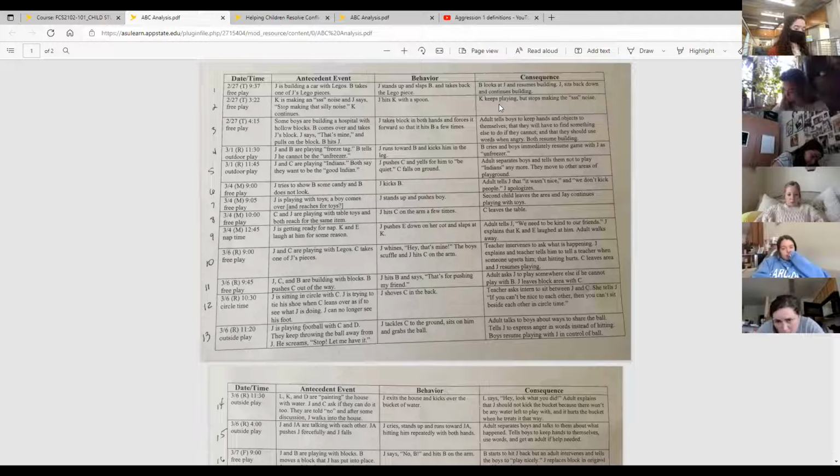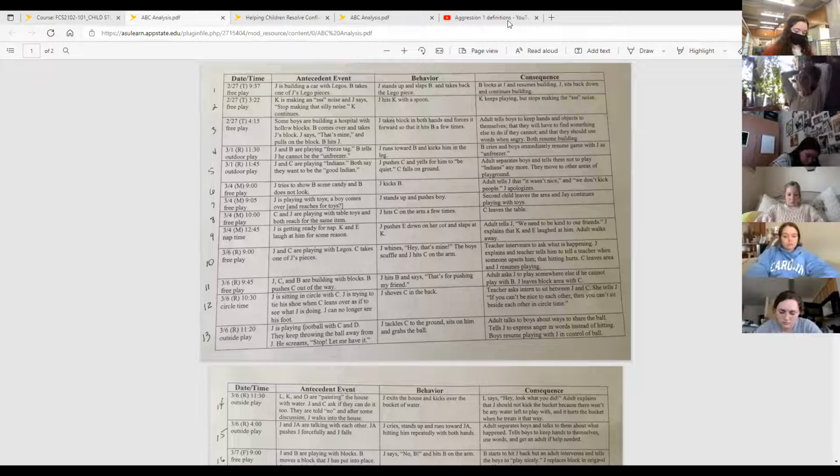So it's actually instrumental in that J is trying to achieve a goal, right? It's not just random aggression. Do you see the distinction there?